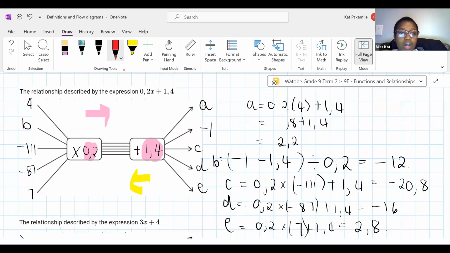When we were going forward, we first had to multiply. Now that we're going backwards, we're first going to have to subtract 1,4. We're doing inverse operations, which is the opposite, okay? So instead of adding 1,4, when you go backwards, you subtract 1,4. Are you with me? Yes, ma'am.